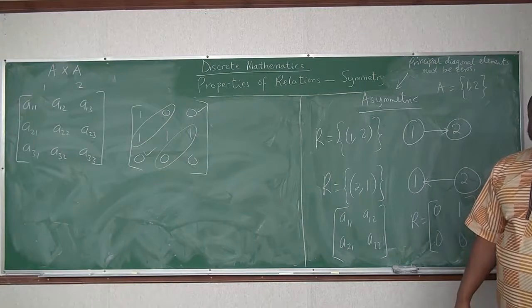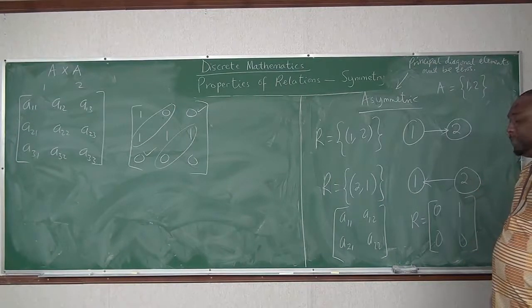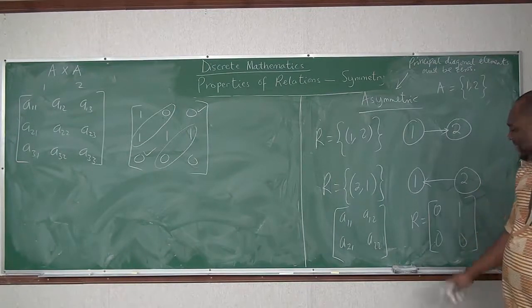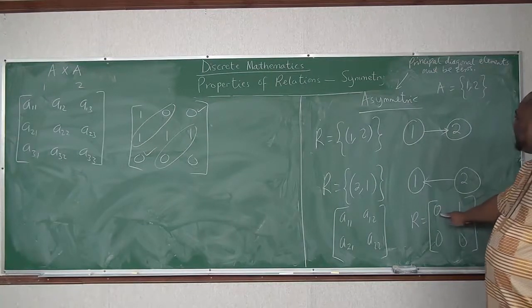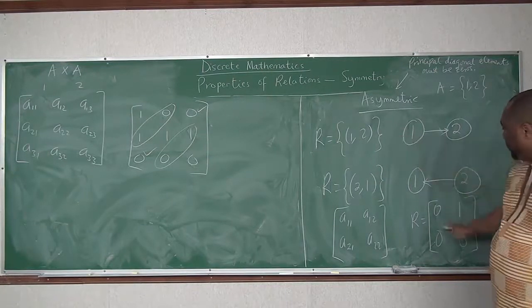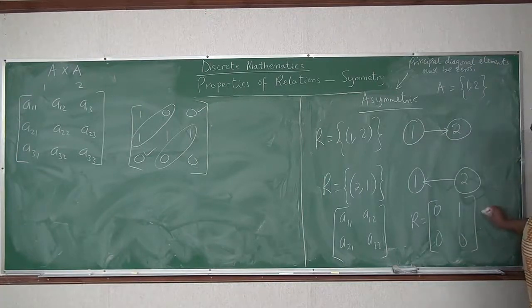Okay? Does that make sense? Yeah. So if we have 1 here, we must have 0 here. So in this case, this is the first one. If you want the second one, then it will be like this. 0, 0, 1, 0. For 2, 1. That's the second one here.